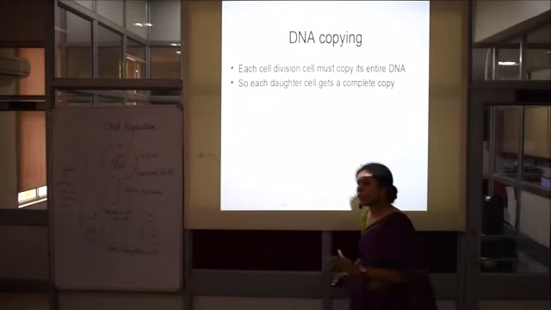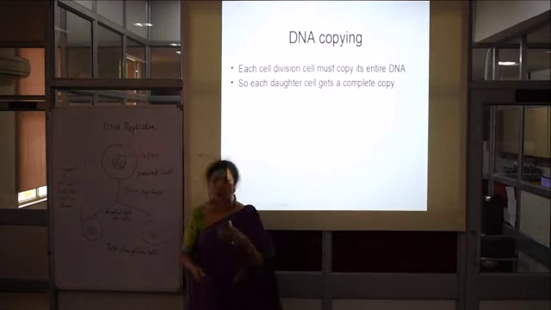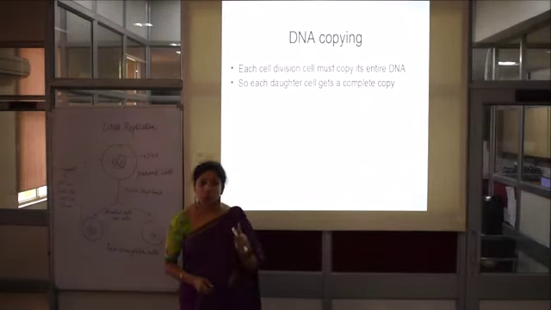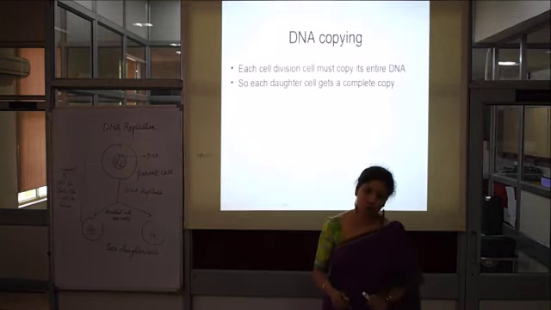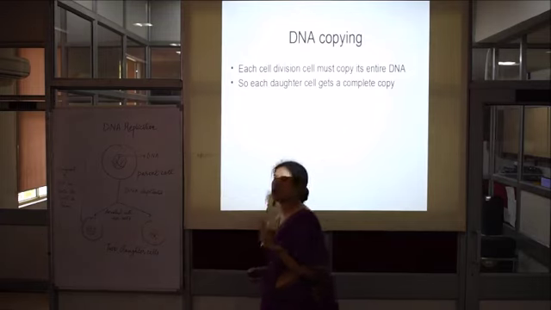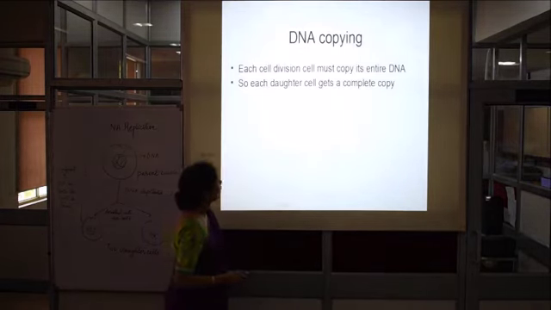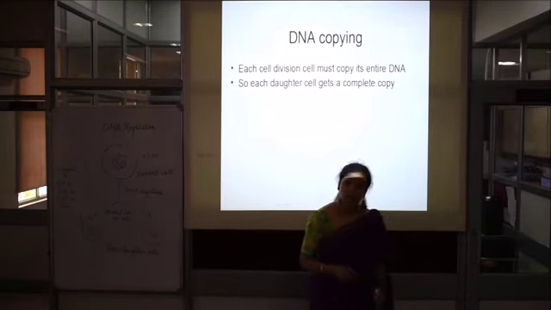So it's not so that before a cell division, chromosome number 1, 4, 7, 8 is going to double itself and the rest of the chromosomes stay like that. No. During DNA copying or DNA replication, all the chromosomes, all the DNA are going to duplicate. So each daughter cell gets a complete copy of genes.